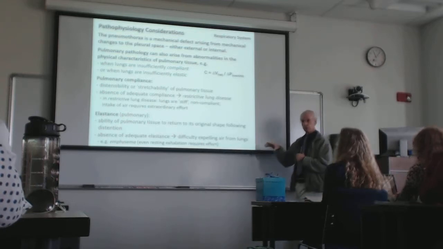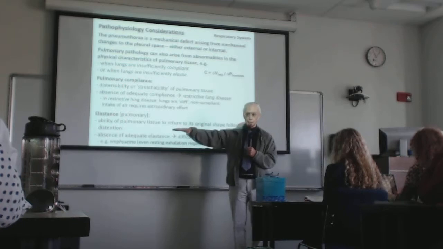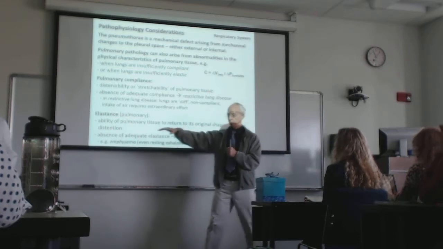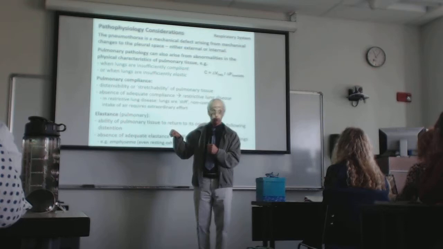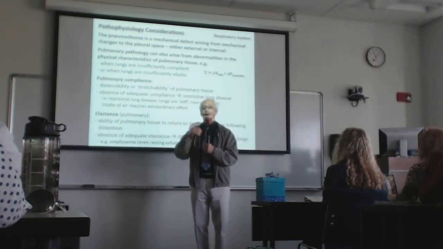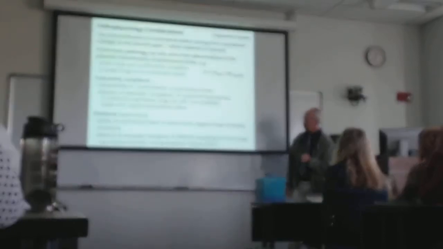Because what's the problem here? The elasticity of the pulmonary tissue has been compromised. The rubber bandiness of the pulmonary tissue, which is necessary to pull that thoracic wall in, is no longer as robust, and therefore exhalation can be a very, very long and laborious process.